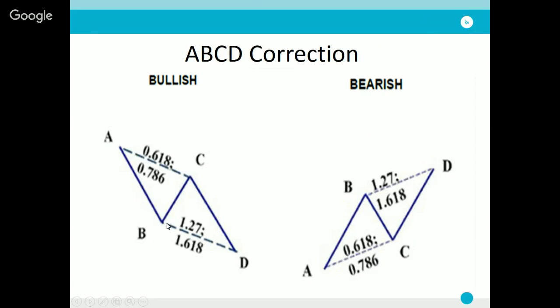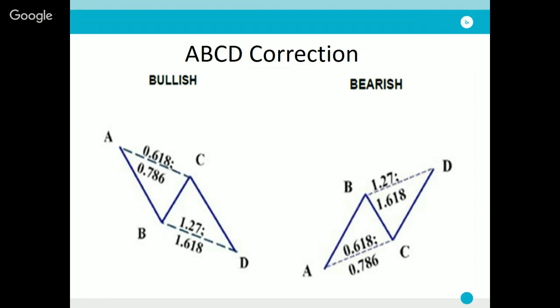The BC leg correction needs to come between the 61.8 and 78.6% retracement of that initial AB leg, and then the CD leg needs to complete into either the 127% or the 161.8% extension of that AB leg.